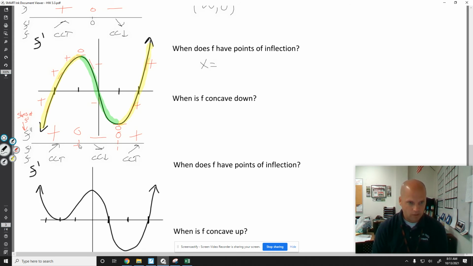Points of inflection are when concavity changes, curvature changes. Both of those are points of inflection. Concave down is when f double prime is negative, when f prime is decreasing. You can either write it like that or like this. Okay?